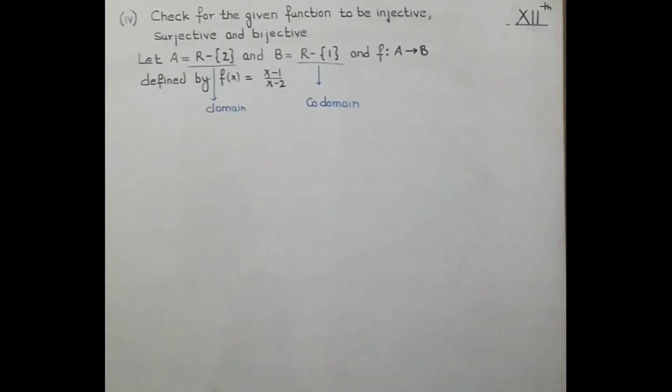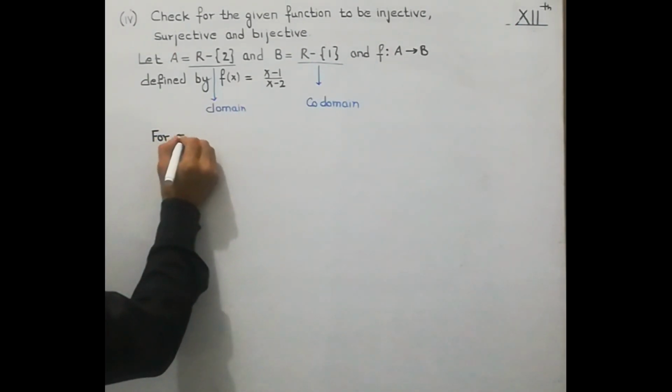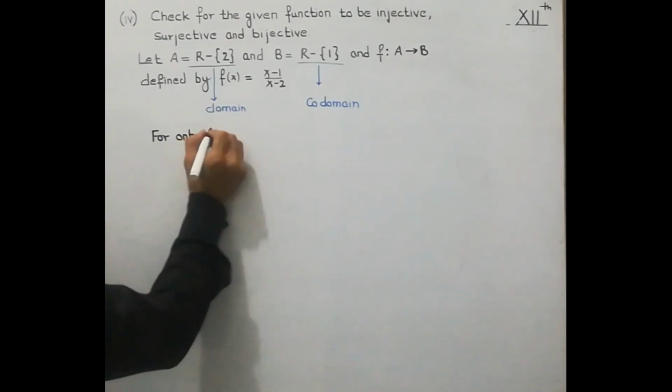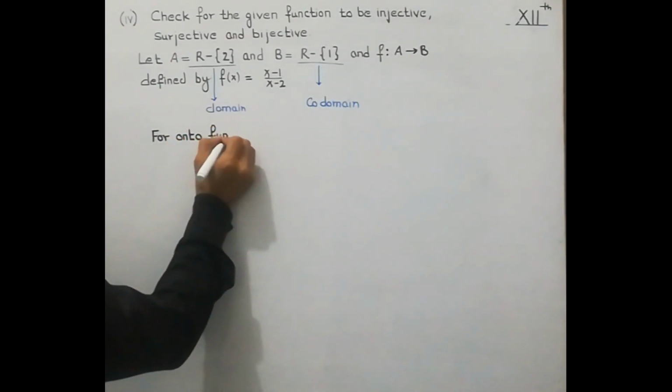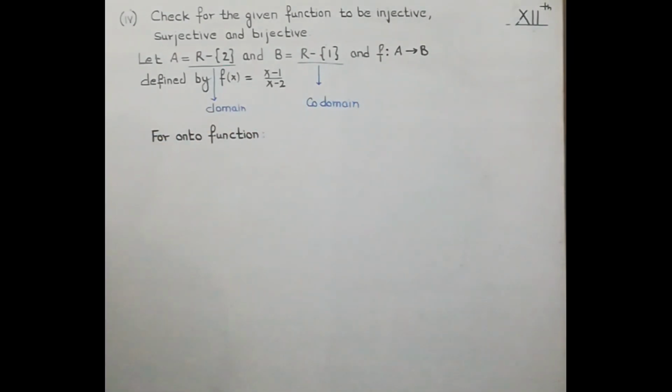Now we have to go for the onto function. When we have to go for the onto function, our first step is we consider any element y which belongs to the codomain, and then we try to get x in terms of y.